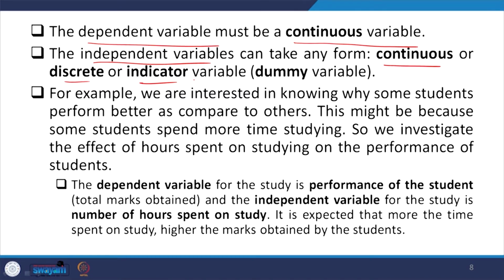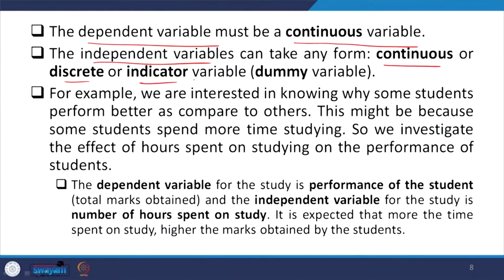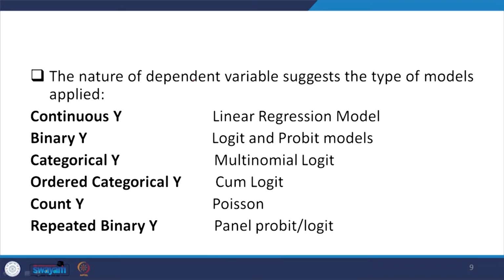For that, our dependent variable in this example is the performance of the student in terms of grade or marks obtained, whereas the independent variable is hours spent studying. We are not mentioning the quality of hours, we can discuss that, but in our example it is simply hours. So, the marks obtained by the students can easily be estimated through this approach.